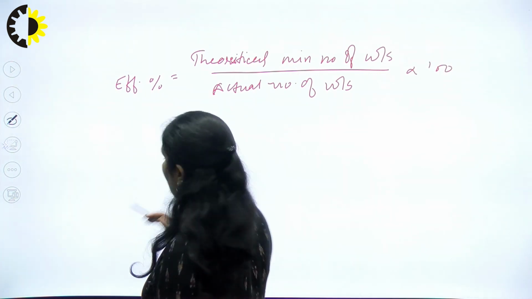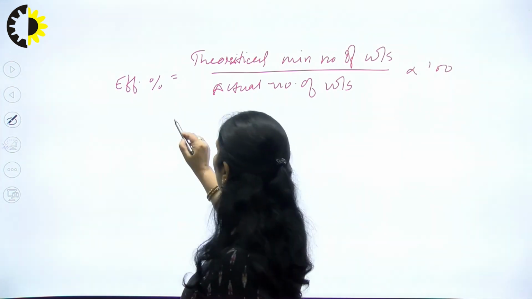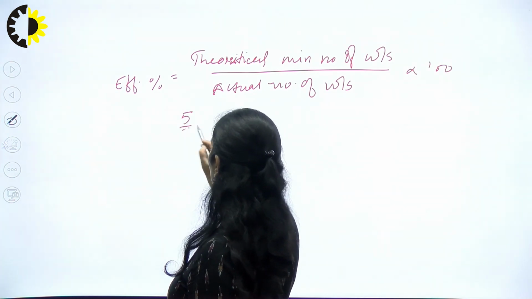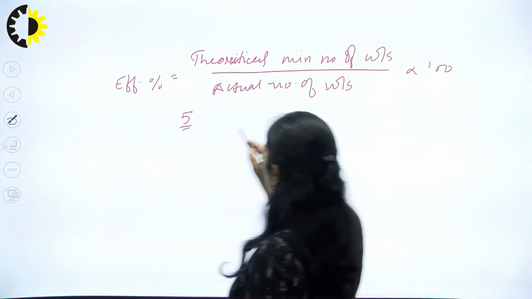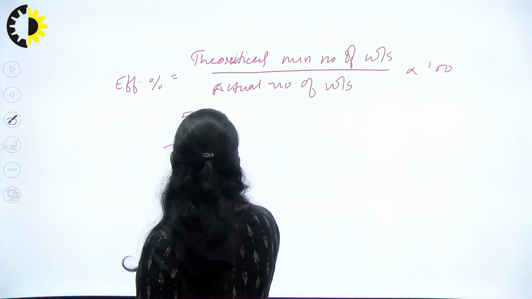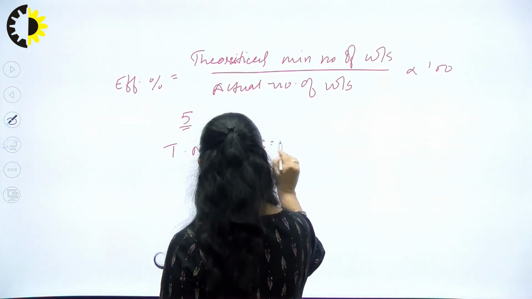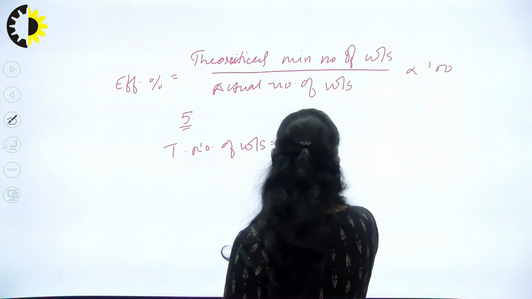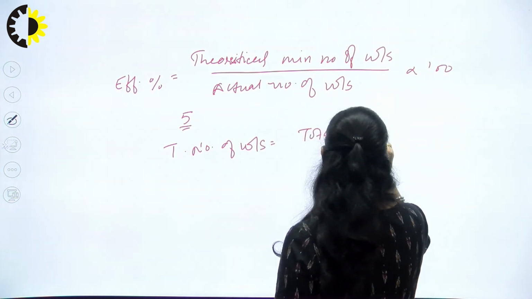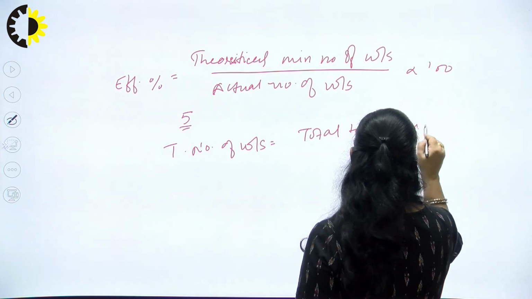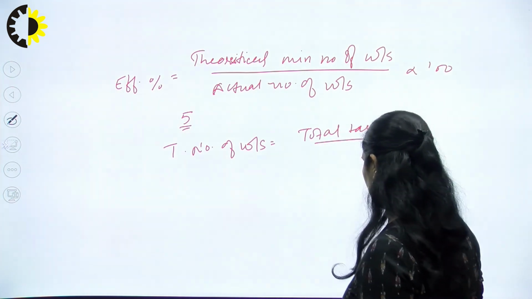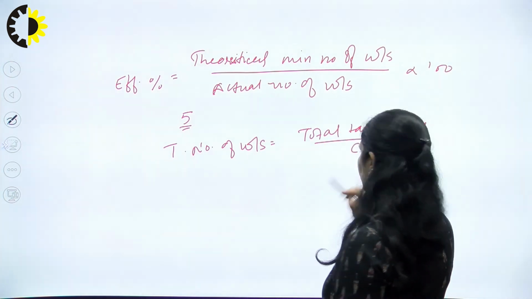Okay. So, here the actual number of workstations is 5. Now the theoretical number of workstations will be total task time divided by cycle time.